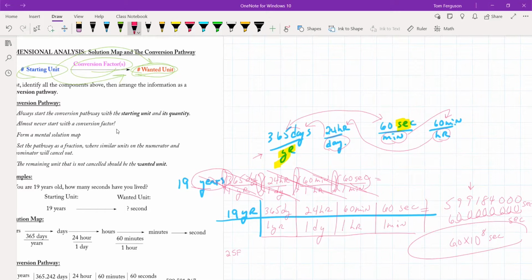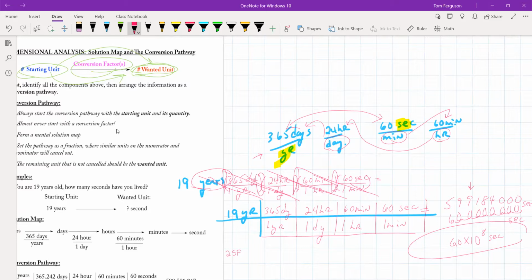Okay, so we need some conversion factors, or one conversion factor, hopefully, that goes from years to seconds, and there isn't one. So now we have to relate, think of them as secondary conversion factors, together to bridge the gap from years to seconds. Then we're going to string those together so that the units keep canceling, the days, years, hours, minutes, and seconds. So we end up leaving seconds by itself, because that's what we're trying to calculate.